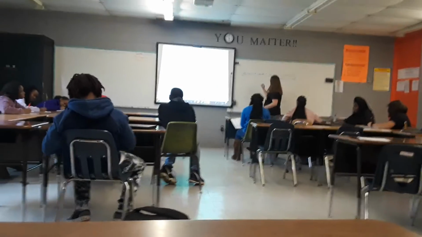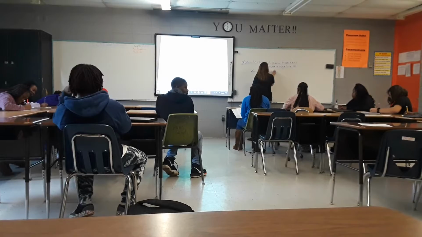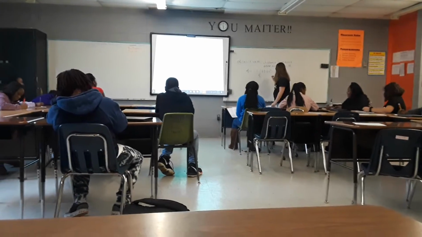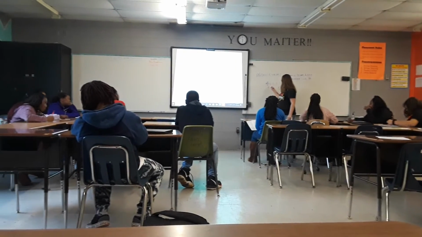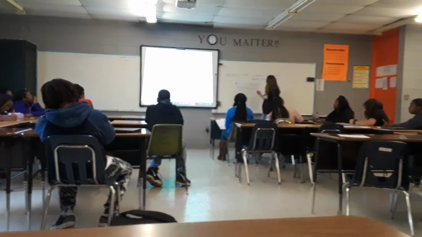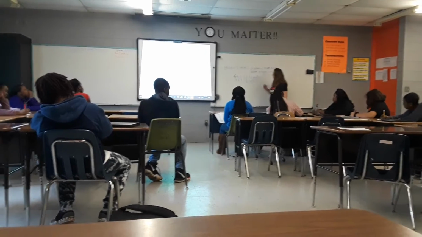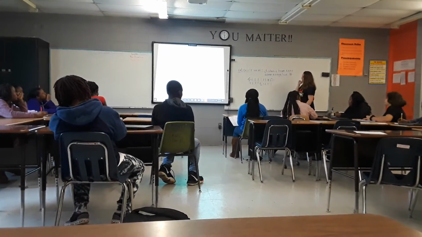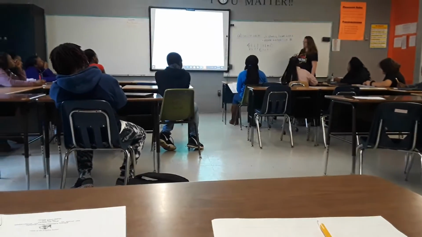So if here's 0, and I have 4 and -4, -3, -2, -1, and I plot 3, what is my absolute value of 3? Absolute value is never a negative number.